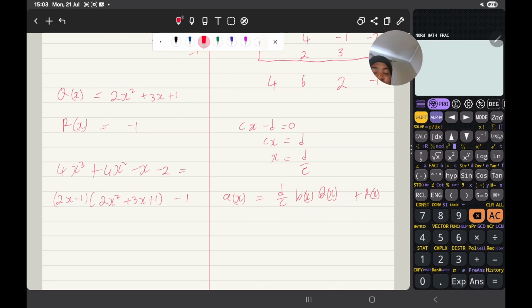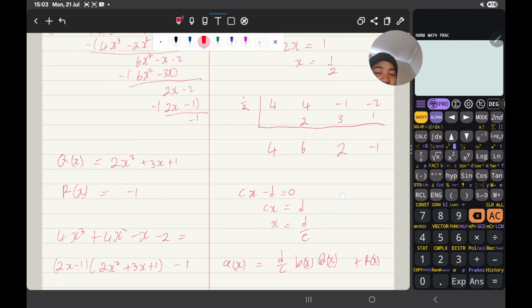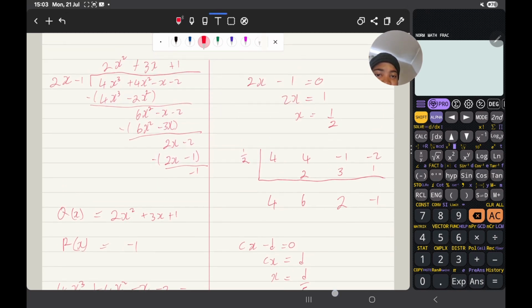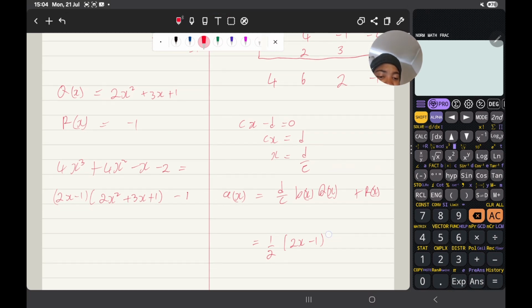If we apply this on the problem we have just solved, our d over c is 1 over 2 multiplied by your b of x, what we divided by, 2x minus 1. And then your q, which is 4x squared plus 6x plus 2, and then minus 1.